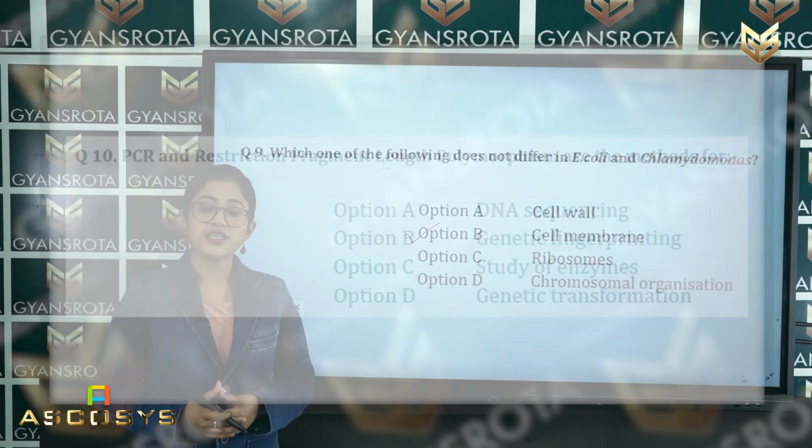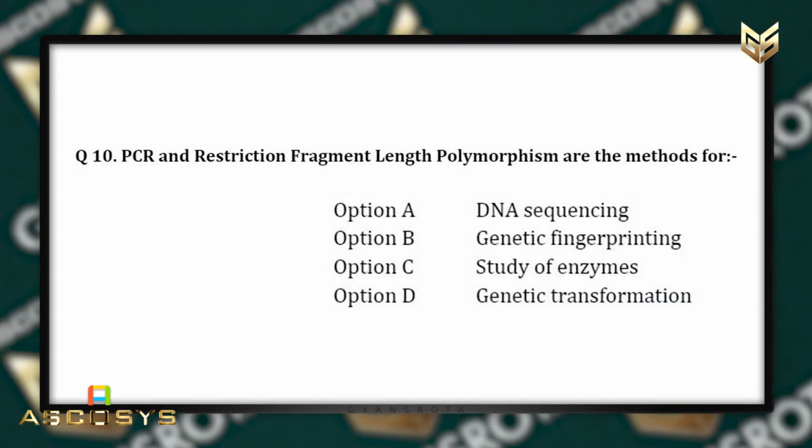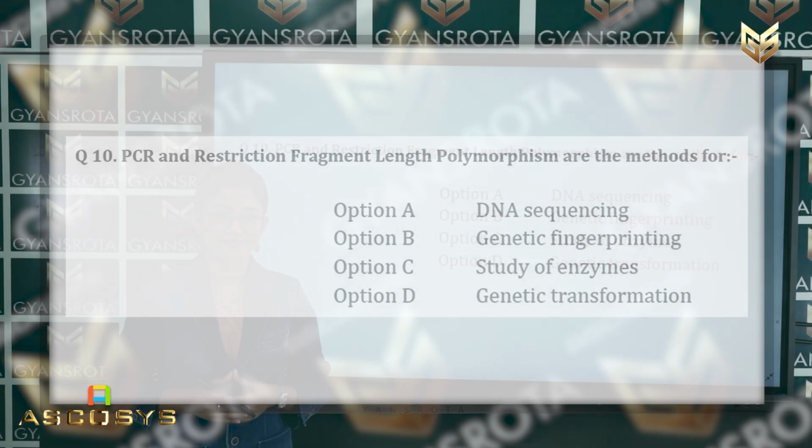Now, let's find out the next question, that is question number 10. In this question number 10, you can see here PCR and restriction fragment length polymorphisms are the methods for option number A, DNA sequencing, option number B, genetic fingerprinting, option number C, study of enzymes, and option number D, genetic transformation.